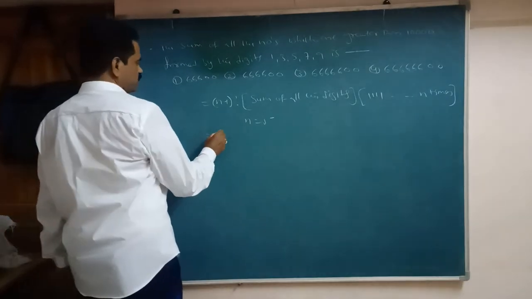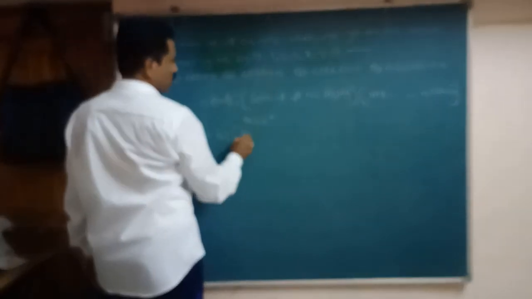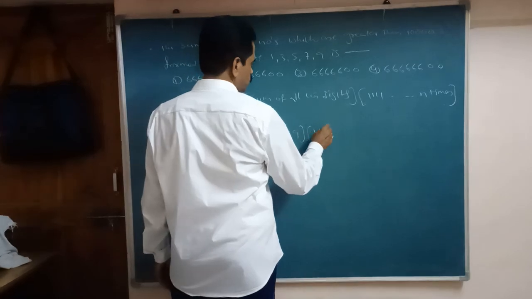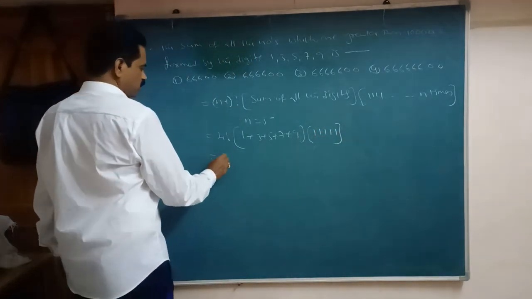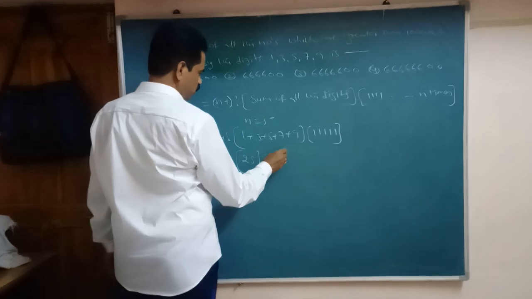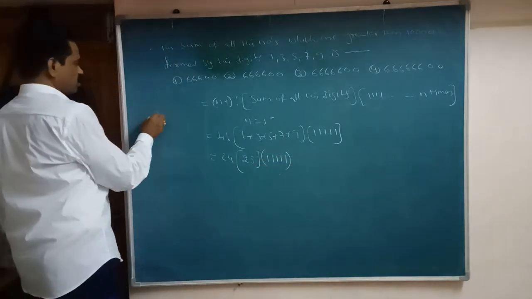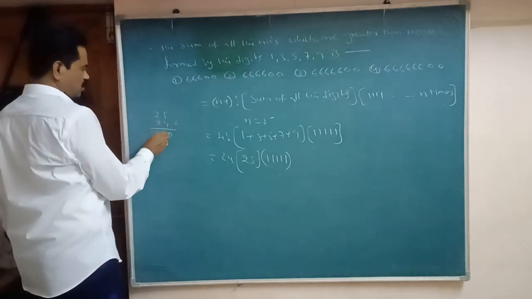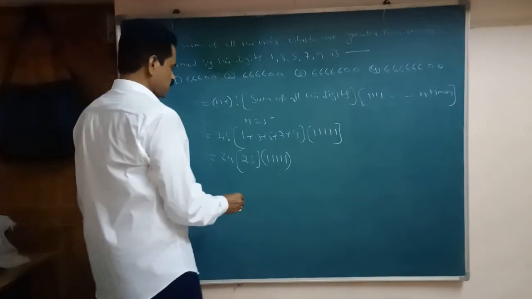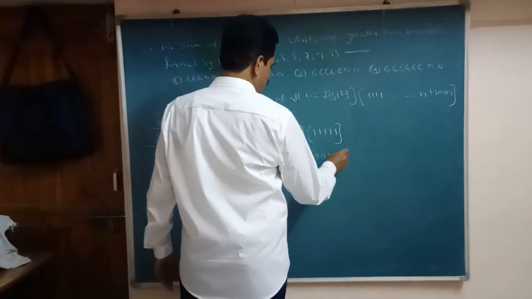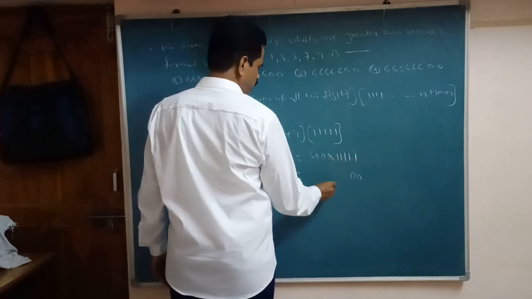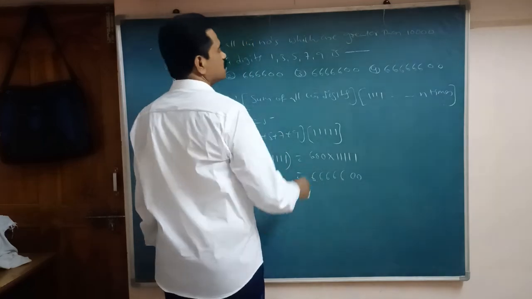So n equal 5 means 4 factorial into the sum of all the digits: 1 plus 3 plus 5 plus 7 plus 9, that is 25. 4 factorial is 24. Multiply 25 by 24, that is 600. 600 into 1 1 1 1 1, n times, 5 times. So the number is 5 sixes followed by two zeros. This is the third option.